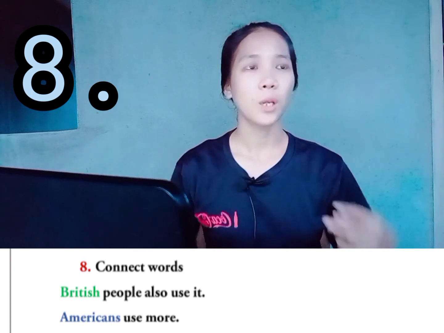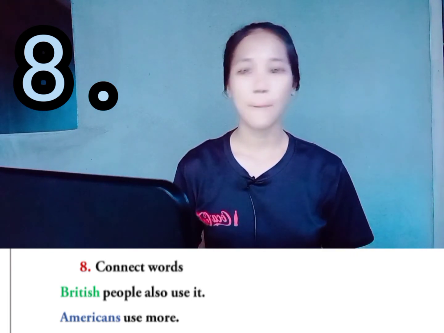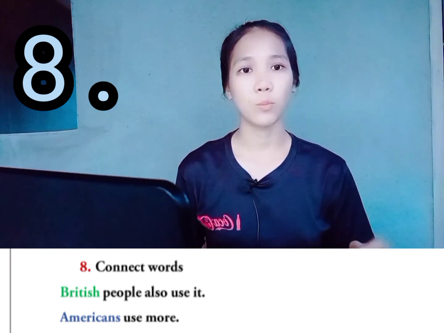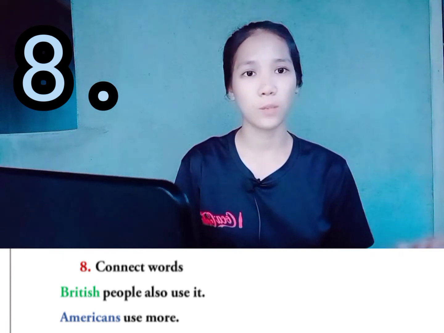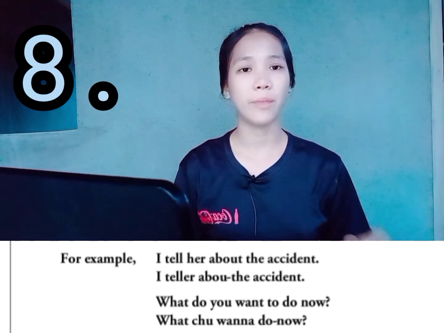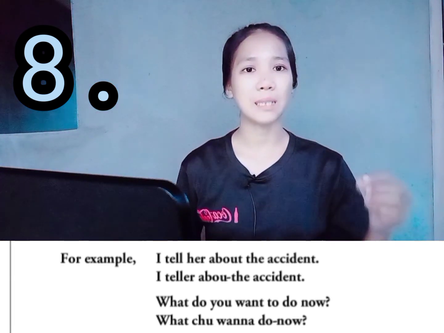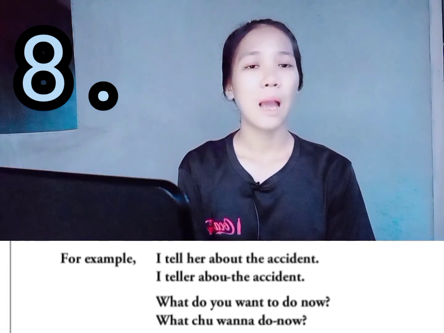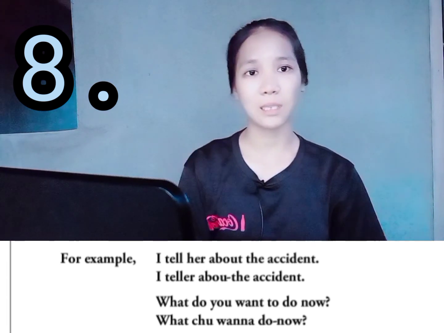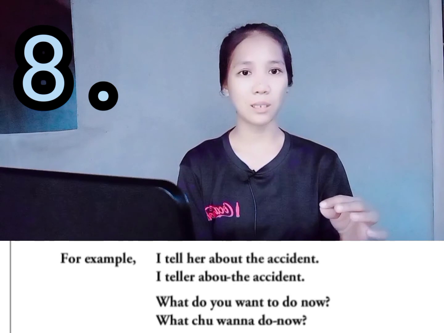And number 8, they connect the words. Both connect the words, but Americans use it more than British. For example, I tell her about the accident. So they connect all the words and say, I tell her about the accident.